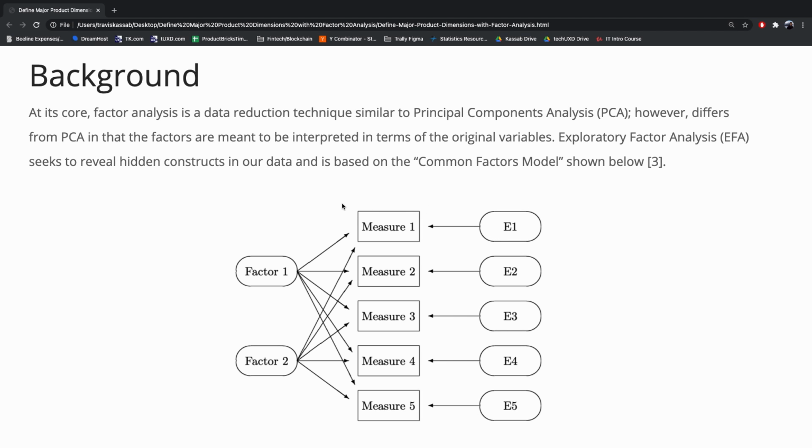What it does is it looks at how these direct measurements interrelate with one another, how they're correlated with one another, and how those correlations can group together. And they define factors based on this. So these factors are like hidden variables that are causing the responses in our direct measurements, or the variables that we include in our survey.